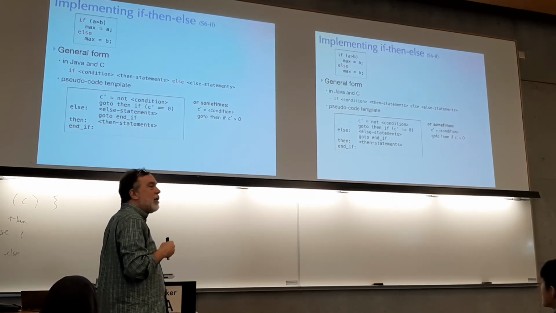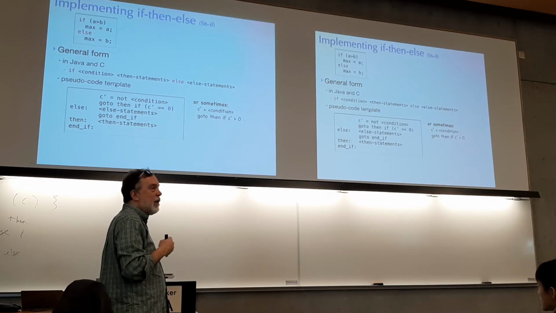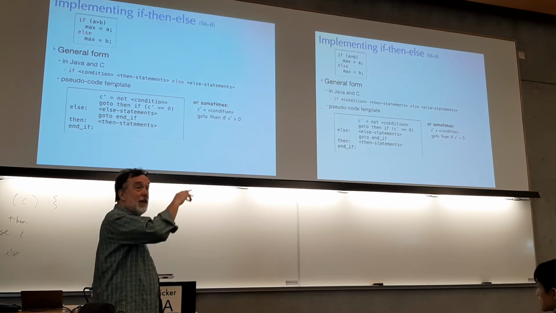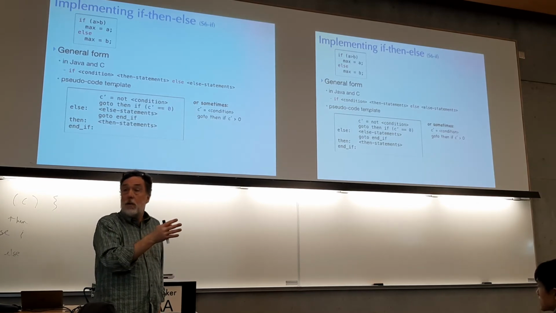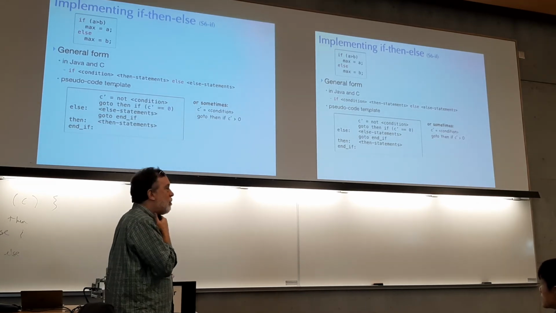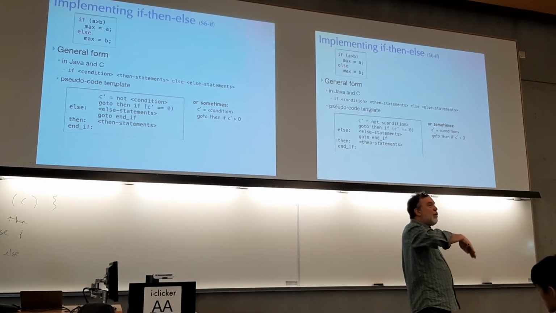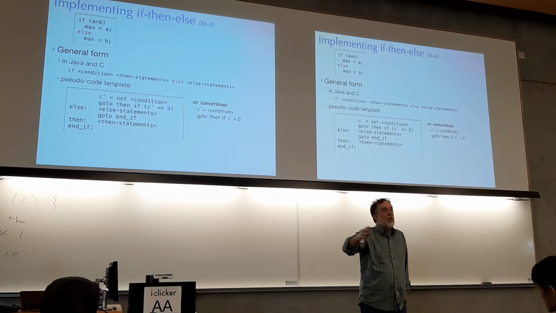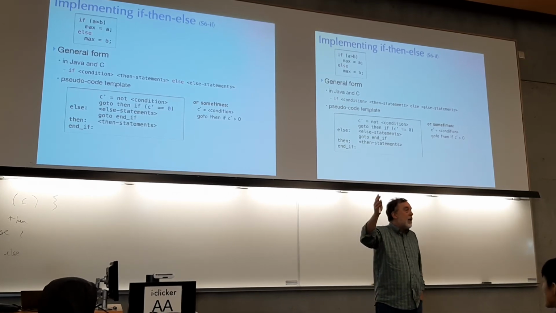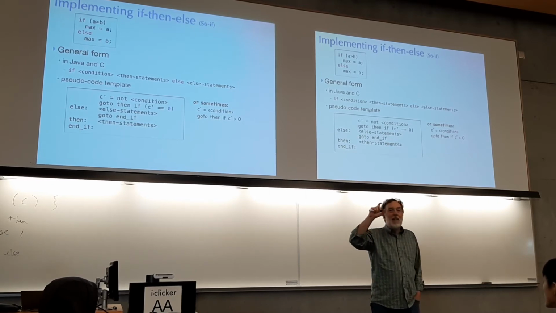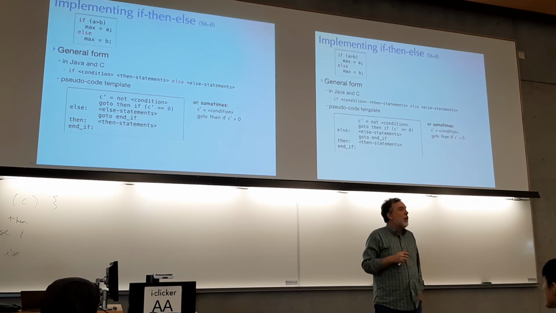There's possibly a benefit to this order, else then, as opposed to then else. Either one I could do, but there may be a benefit to this one. Suppose you profiled the execution of all the programs in the world and looked at the probability that the then part executes versus the else part, and found that then parts tend to execute a little bit more frequently.